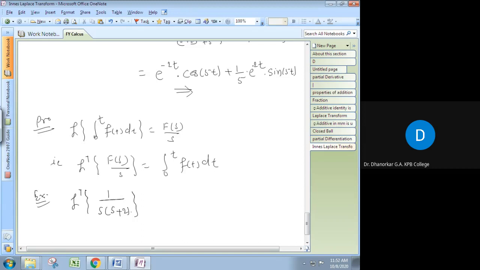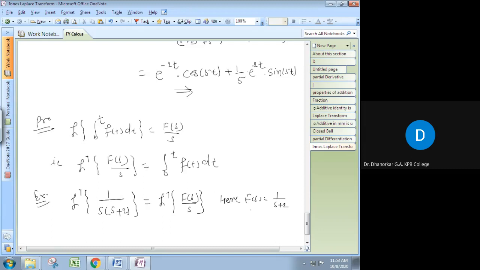Again here, this function is not directly in any formula. We will not apply any formula. Therefore, we have to use this property, L inverse of F of s divided by s. Here, what is our F of s? 1 divided by s plus 2 is our F of s.